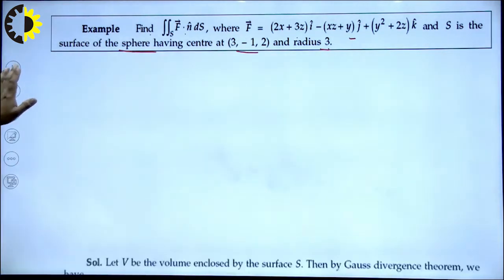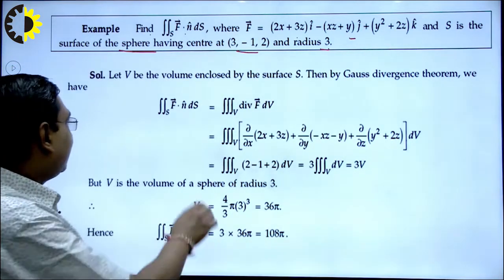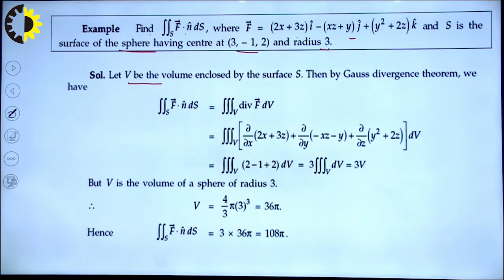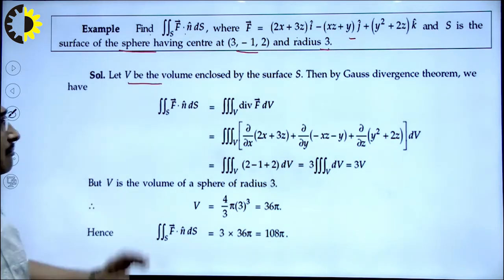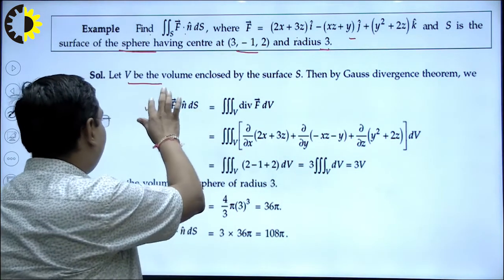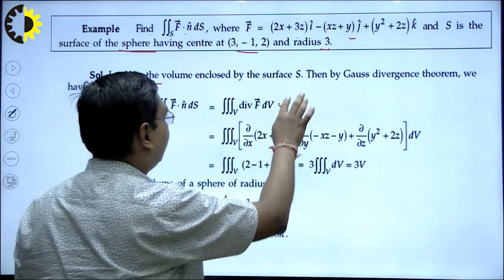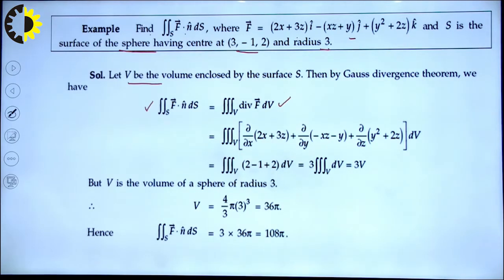So, let us assume that V is the volume bounded by this closed surface S. Then, by the Gauss divergence theorem, the integral over S of f dot n dS will be written as the integral of divergence f dV.